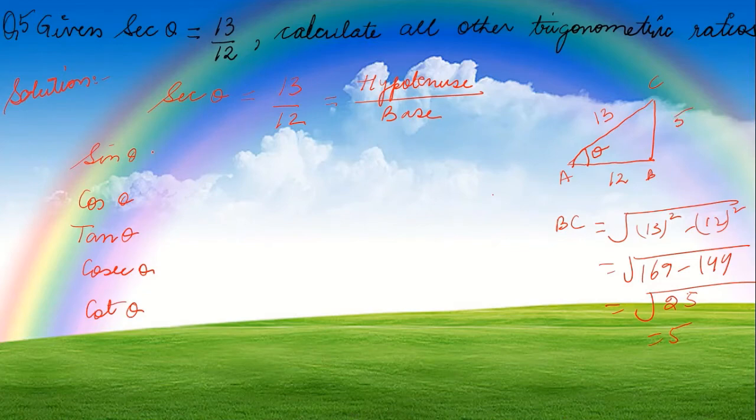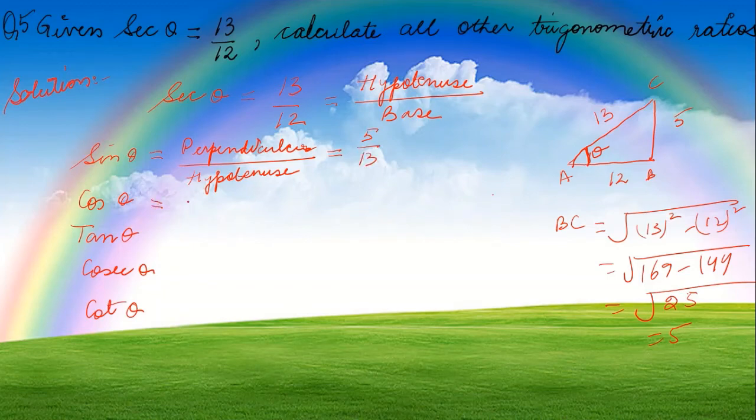So now you know sin theta is perpendicular upon hypotenuse. Okay, so for this theta, perpendicular is 5 and hypotenuse is 13.